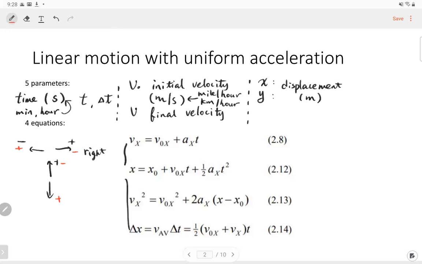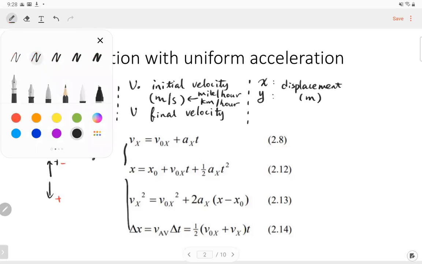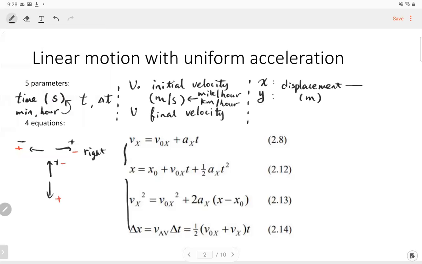Okay, this is displacement. And finally, we have another parameter, which is acceleration. We use little a to represent the acceleration. The acceleration describes how fast the speed changes. And in this class, we are talking about a constant acceleration or a uniform acceleration.